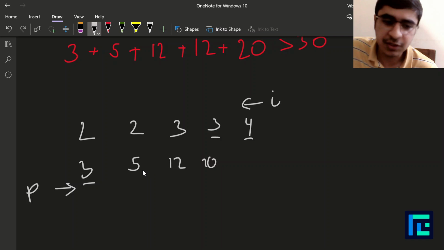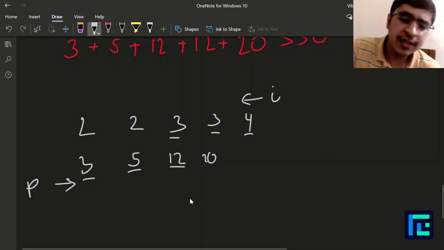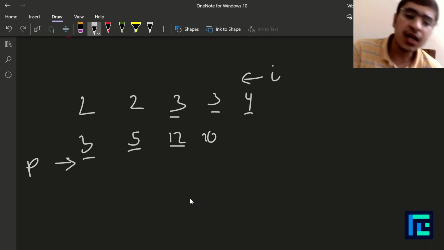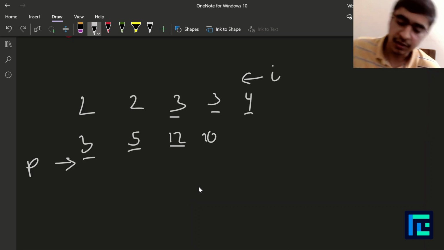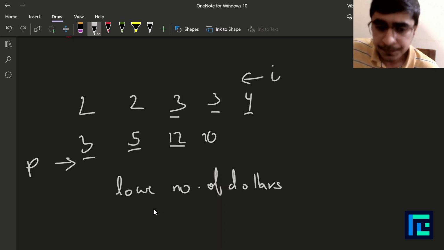For the next person, we should give them the present. Next person, we should give them the present, right? But how are we forming the condition? See, our condition would be that we should spend the lower number of dollars on each person, right? So now, how do we check this part?